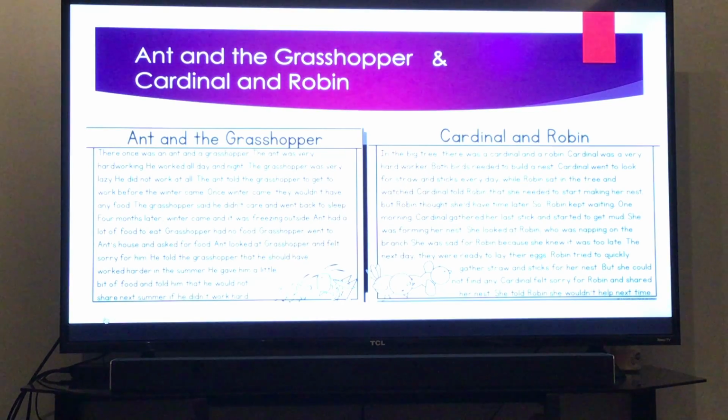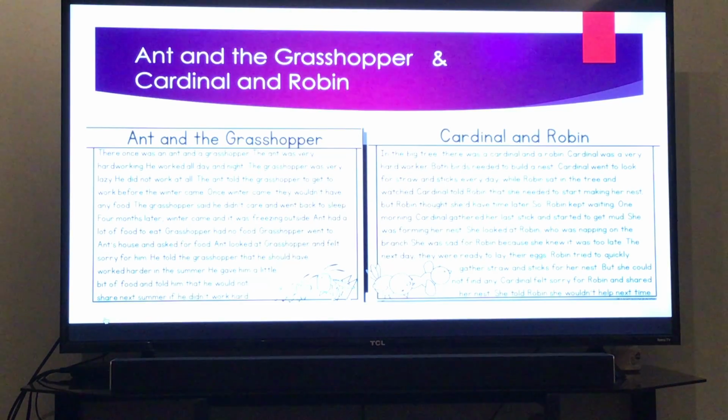Cardinal told Robin that she needed to start making her nest, but Robin thought she'd have time later. So Robin kept waiting. One morning, Cardinal gathered her last stick and started to get mud. She was forming her nest. She looked at Robin, who was napping on a branch. She was sad for Robin because she knew it was too late.